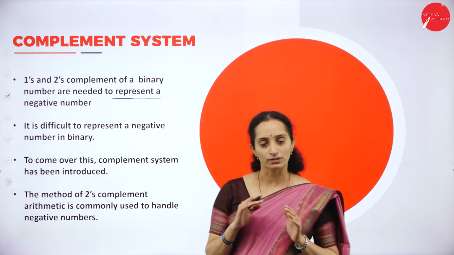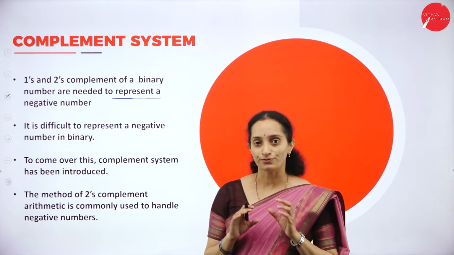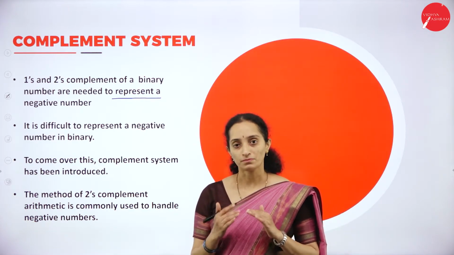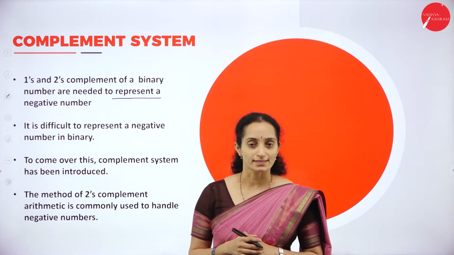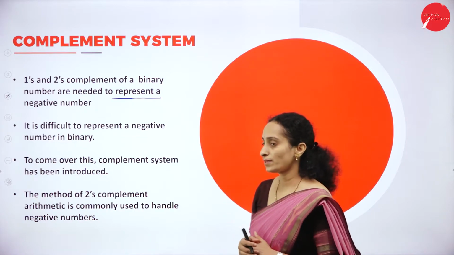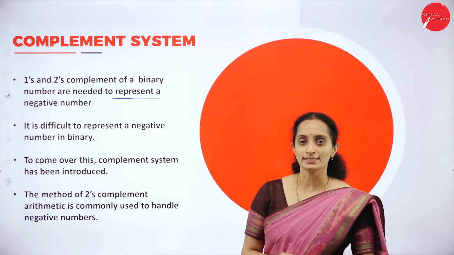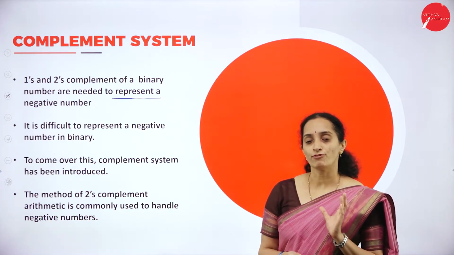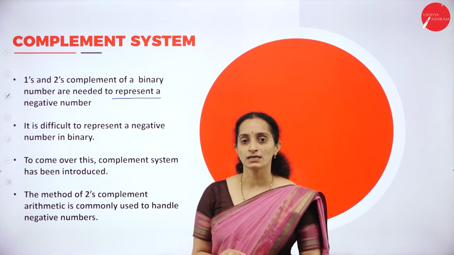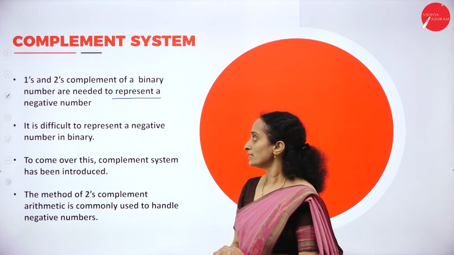Even though we use octal and hexadecimal, use of these numbers will be very much less when compared to decimal as well as binary numbers. Because of which the complement system is developed only for decimal as well as the binary system.